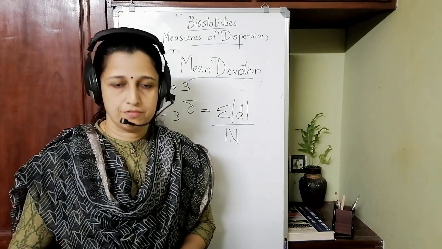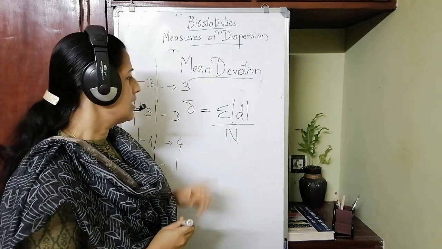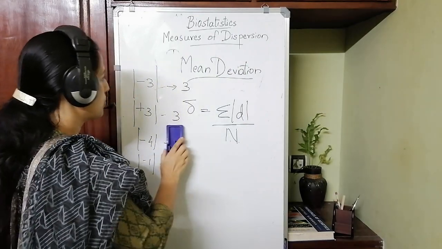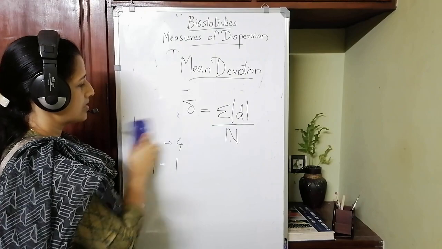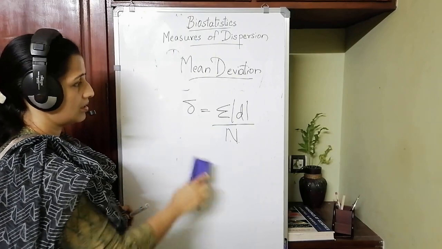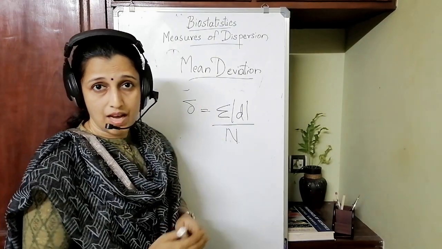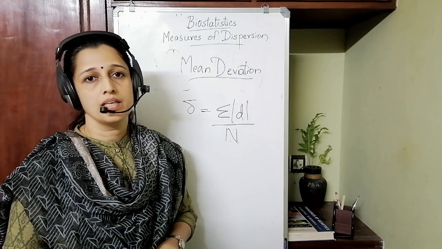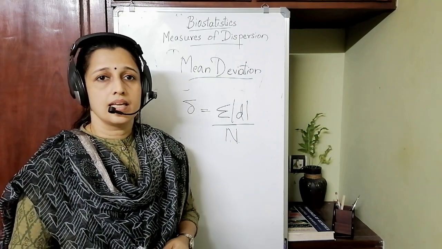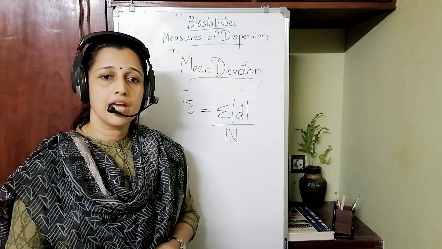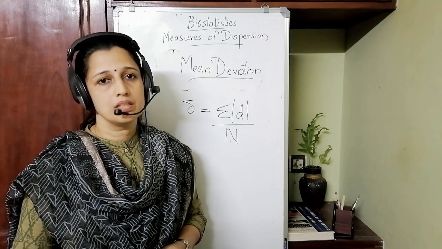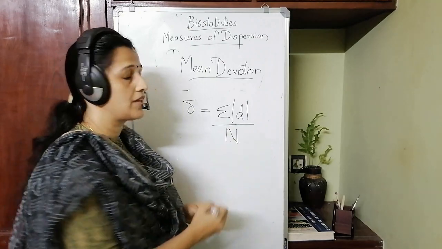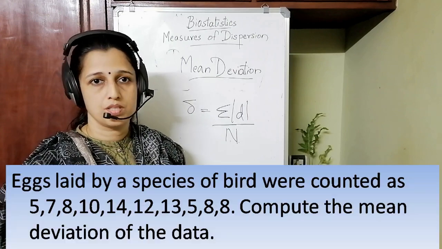Now the equation is mean deviation delta is equal to sigma of absolute d, divided by n. Here d is the deviation from the actual mean and n is the number of observations.